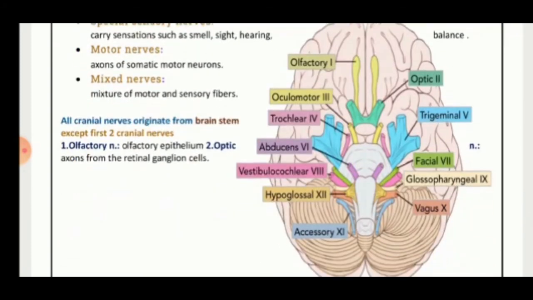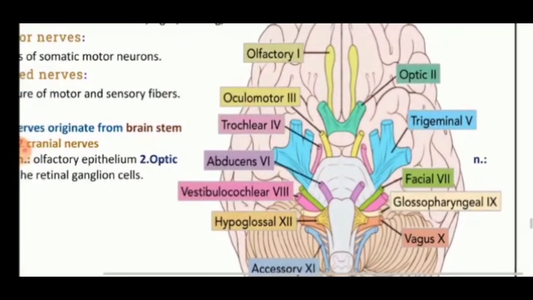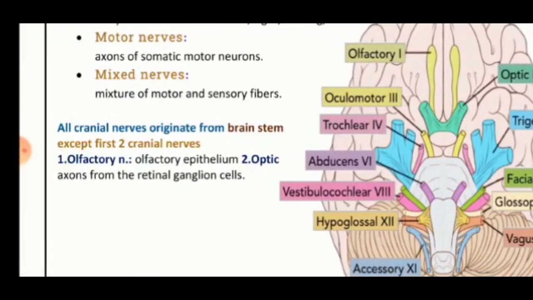All the cranial nerves actually originate from brain stem, except for the first 2, which are known as olfactory and optic nerves. Olfactory comes from the olfactory epithelium found in our nose. Optic nerve comes from the retinal ganglion cells inside our eyes.